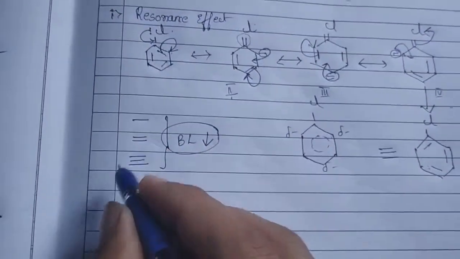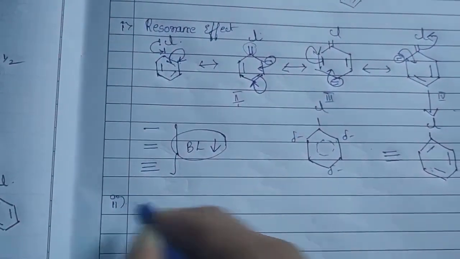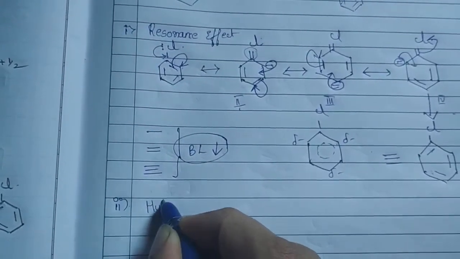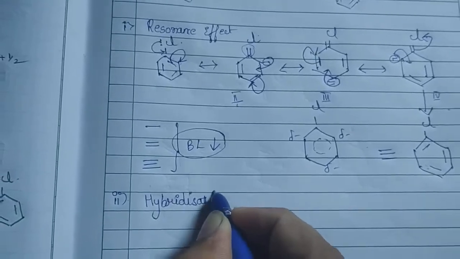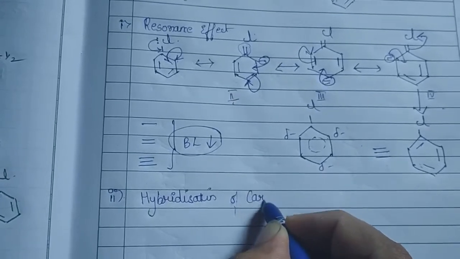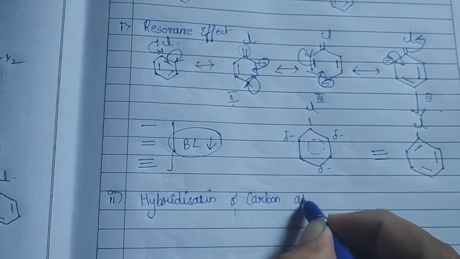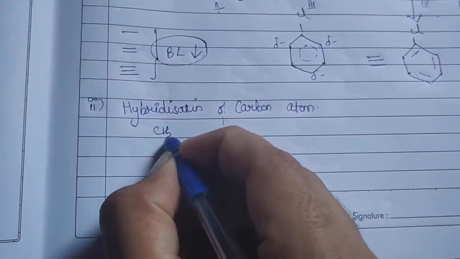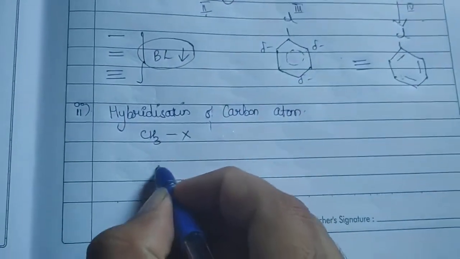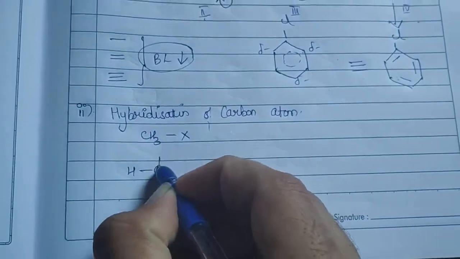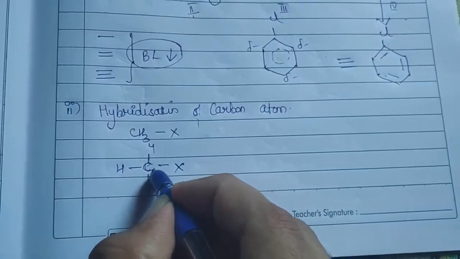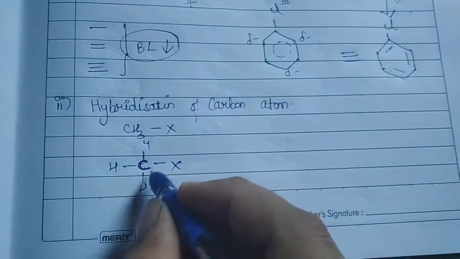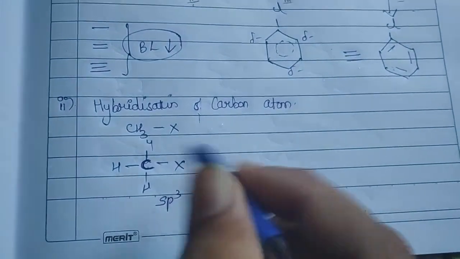But it doesn't stop over here. One more explanation is there, that is with respect to your hybridization of the carbon atom. So what does it say? When I am talking about a CH3X compound, the structure will be CH3 and then X. When I am considering the hybridization of this carbon, remember it is an sp3 hybridized carbon atom.